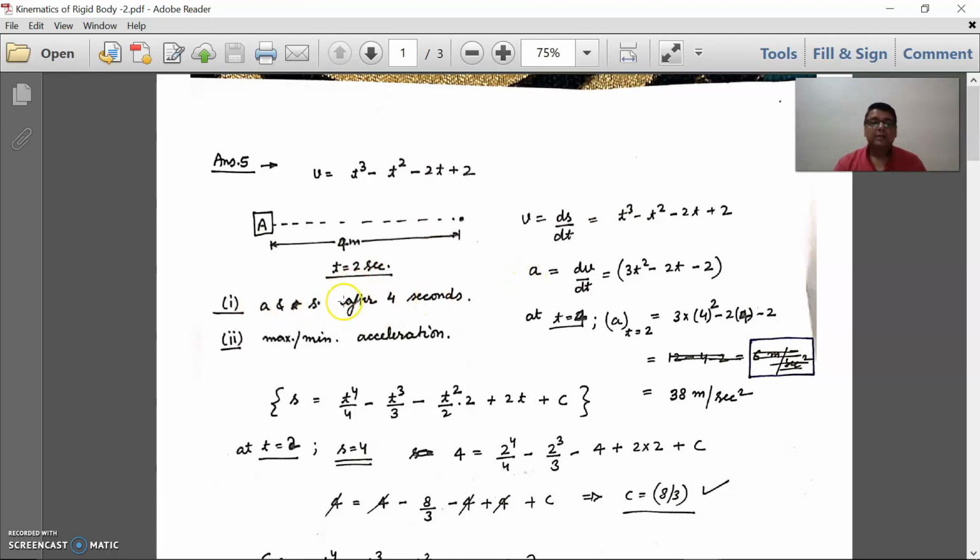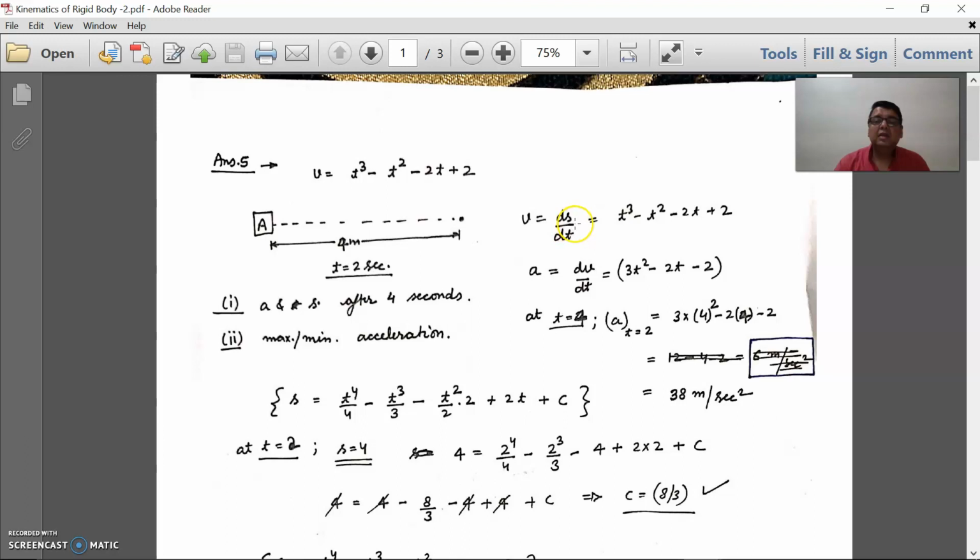So one thing is very clear. For acceleration a, I have to differentiate v. For distance s, I have to integrate v, because I know v is equal to ds by dt, and if I need to calculate s, then I have to integrate v in terms of t. So I'll apply both these concepts.